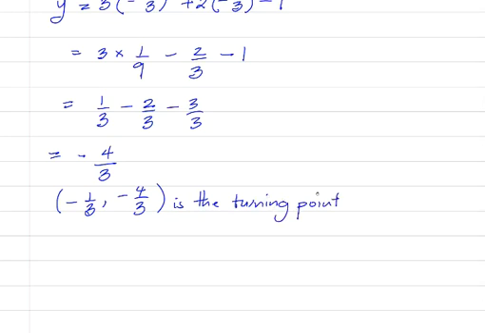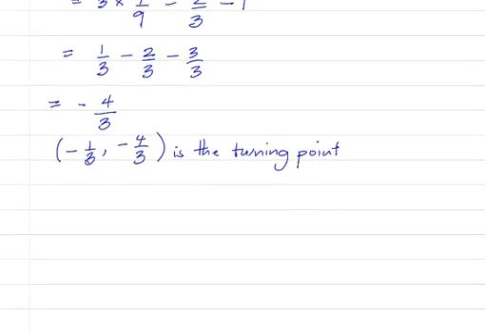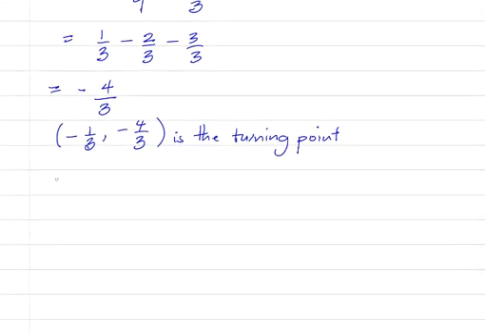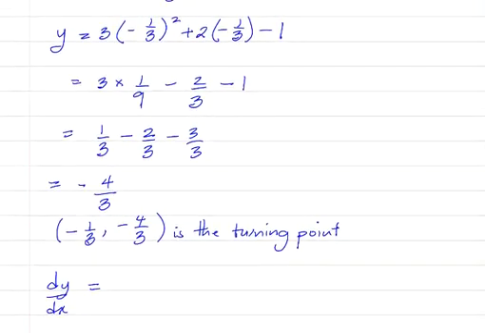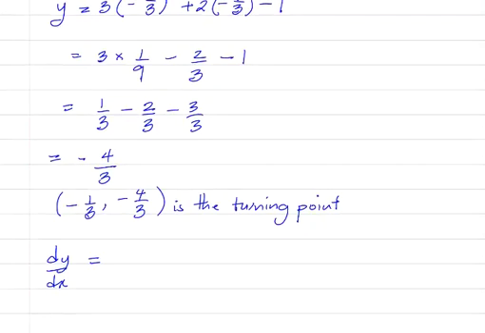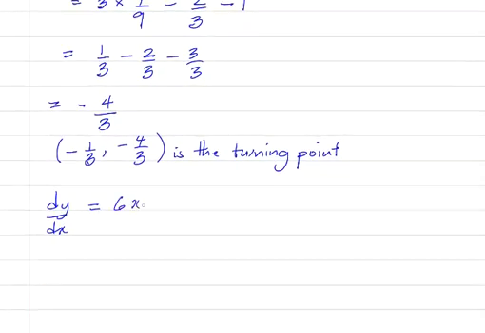All right, so we're asked to find and classify the turning point. So we have found the turning point. Now let's work on classifying it. Using the first derivative test, dy by dx is 6x plus 2, and x equals minus 1/3 is the turning point.